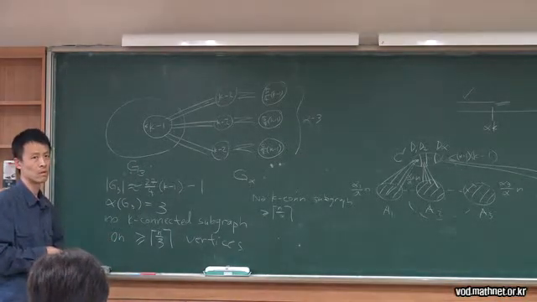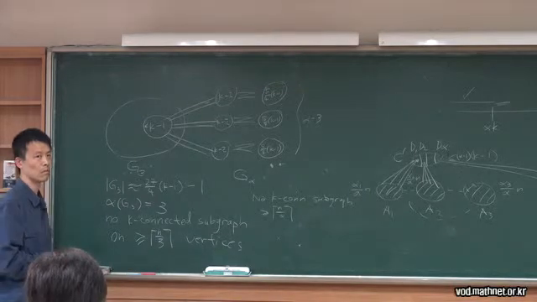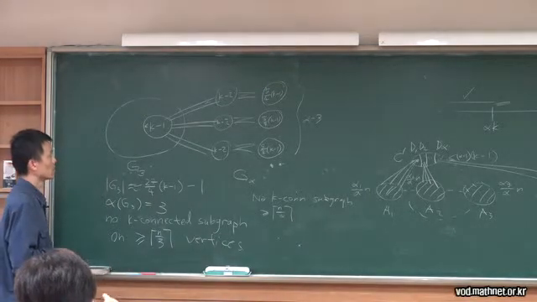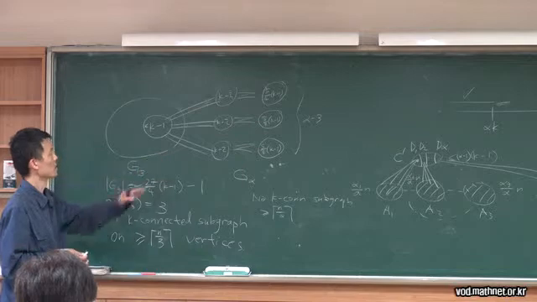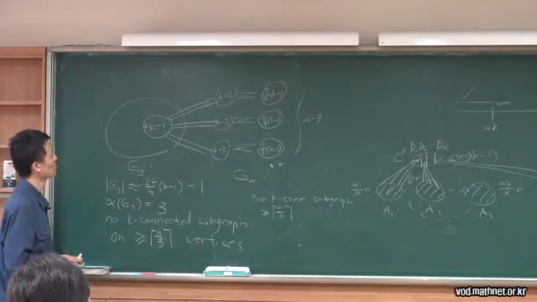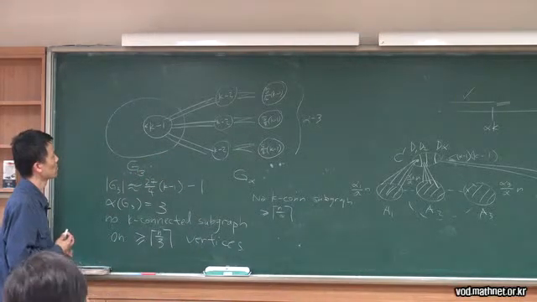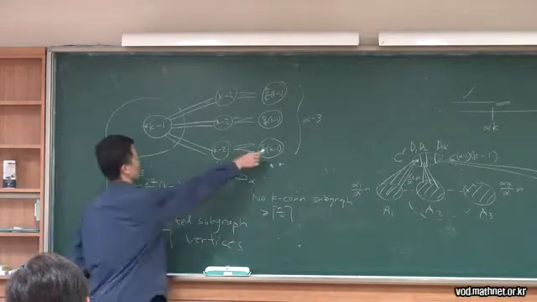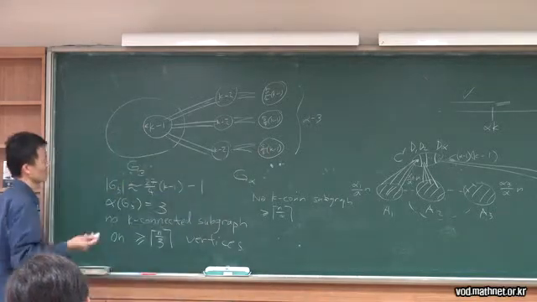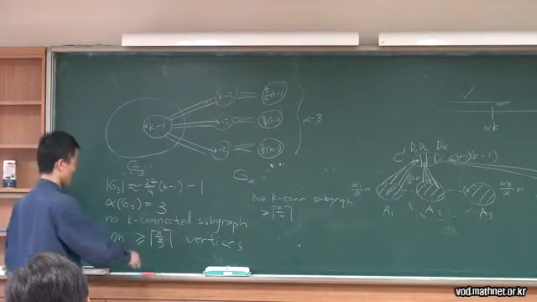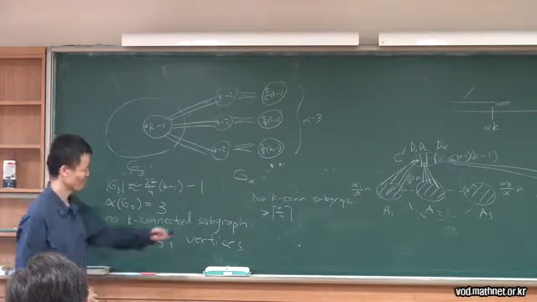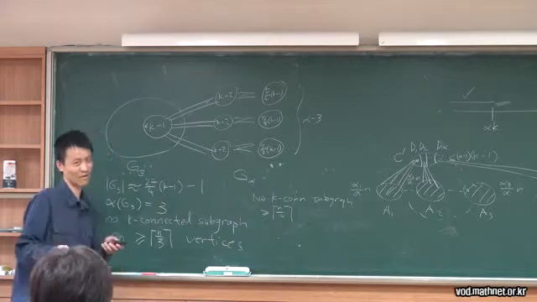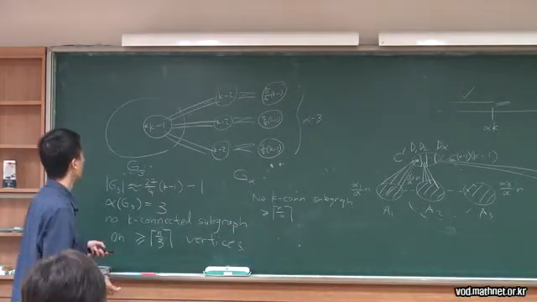If you have a k-connected subgraph, it's only on one side of these k minus 2 vertices, or k minus 1 vertices. So either it's in G3, either in here or in one of these. So I think that can be verified. Okay.